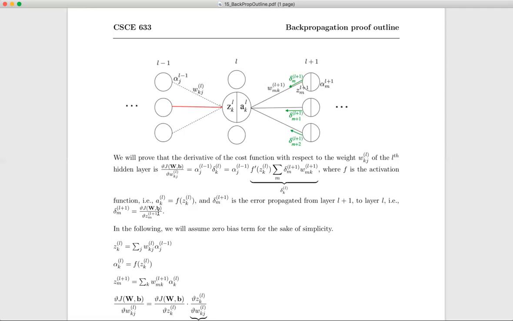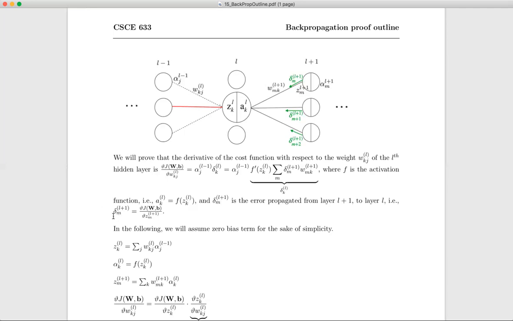We also note that by definition, the error delta M of L+1, meaning the error that starts from the mth node of the L+1 layer, is equal to the first order derivative of the cost function with respect to the input of that specific node.